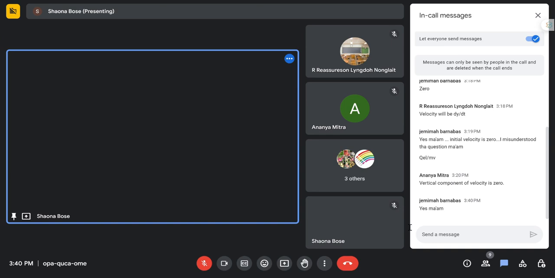So if this is my equation 1 and this is my equation 2, then from 1 what do I have? From this we have r cube is equal to 3QE by 4 pi rho g.